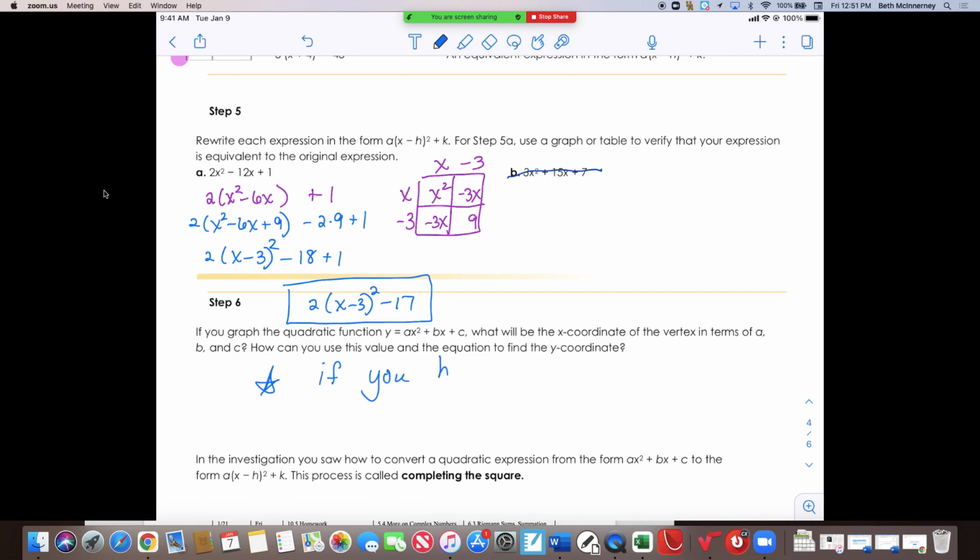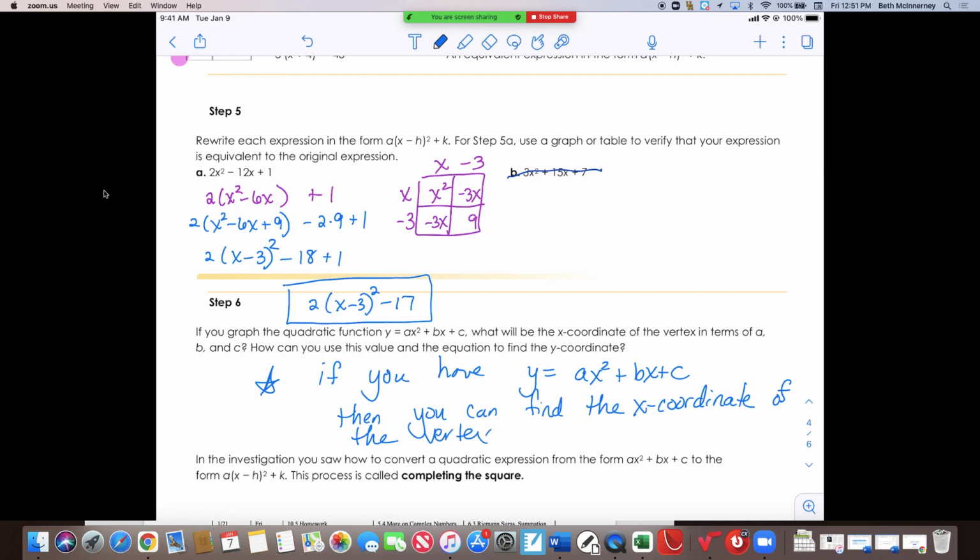If you have y equals ax squared plus bx plus c, you learned this back in Algebra 1, and I just need you to remember it. Instead of me developing it, I am going to just tell you what it is.